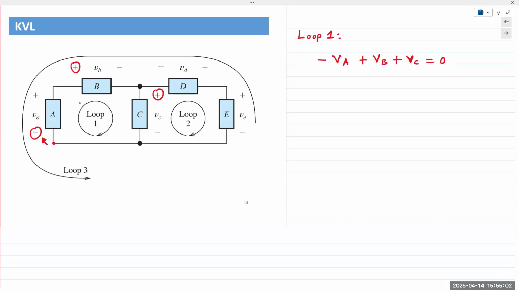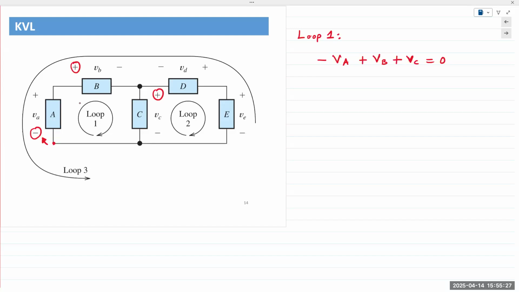The other way of looking at it is, if it's a voltage rise, you make it positive. If it's a voltage drop, you make it negative. Does everybody see what I'm saying? If you're going from minus to plus, that is a voltage rise, and you add it as a positive.